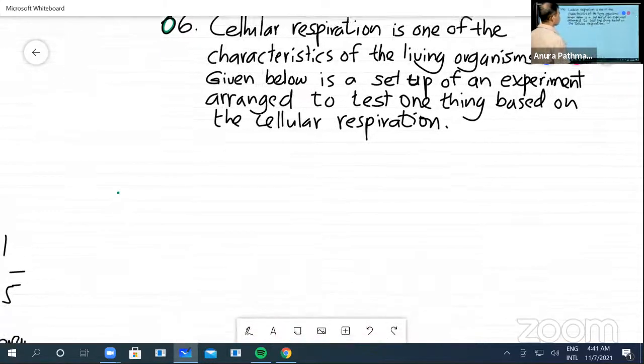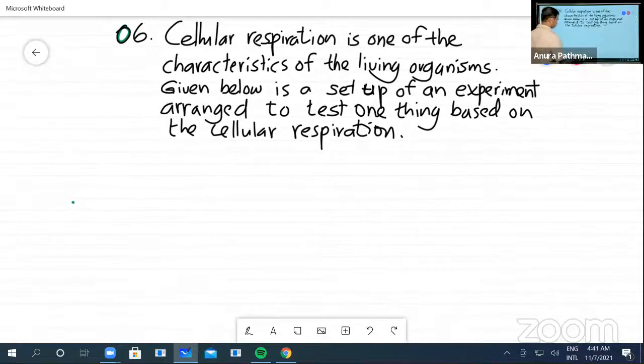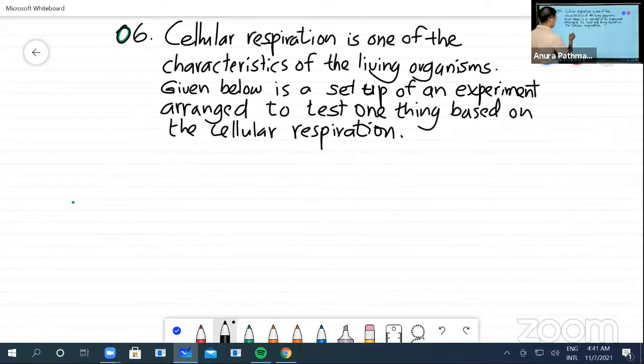So we want to draw the diagram. We're going to draw the diagram.